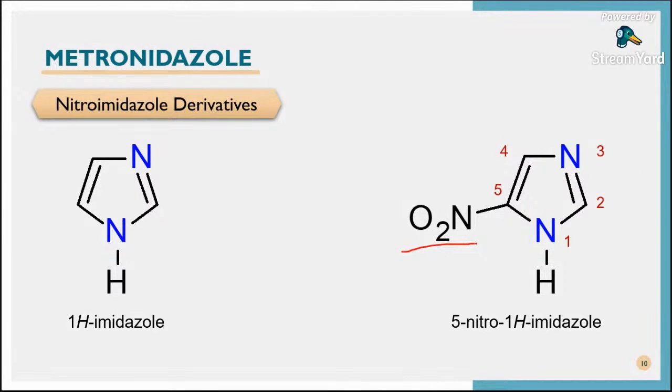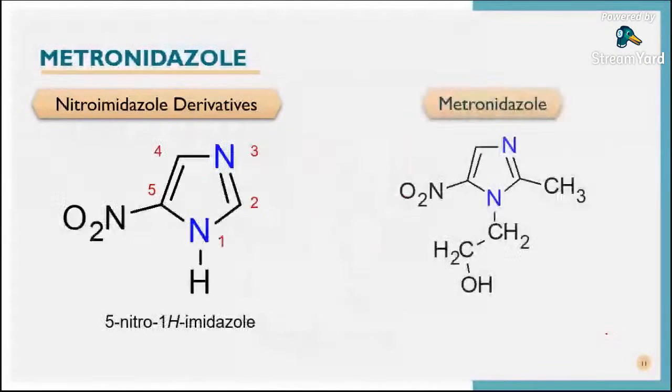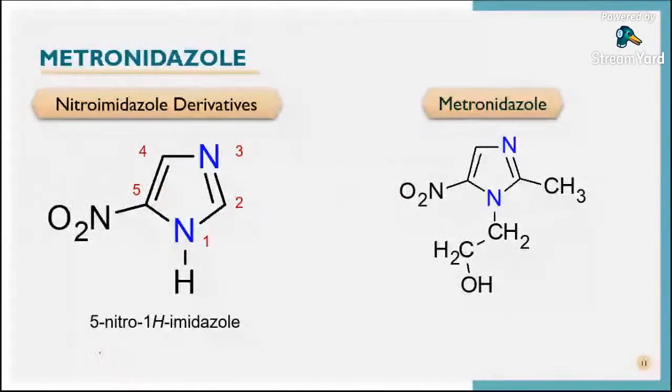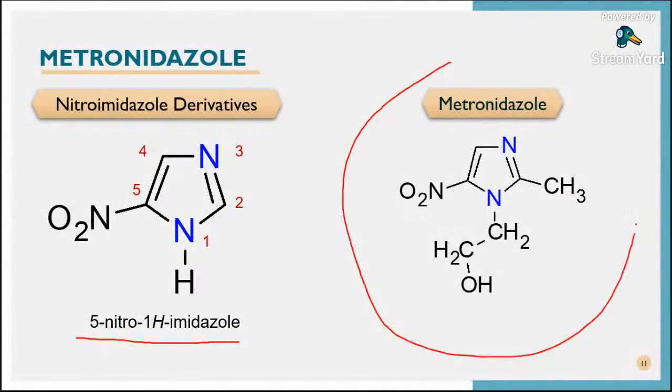So it becomes 5 nitro 1H imidazole. Okay. So the first step is over, to draw the basic heterocyclic ring, and this is the 5 nitro 1H imidazole structure, and this is the structure of metronidazole.